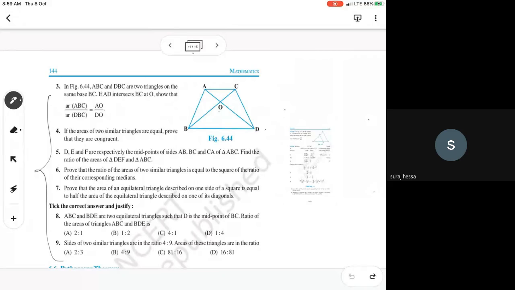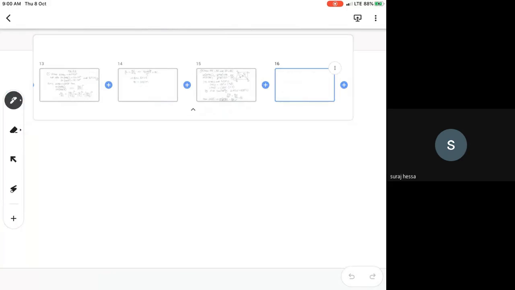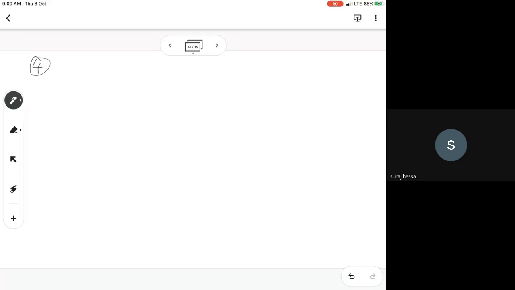So the two triangles are given as similar. What is the question given? Let triangle ABC be similar to triangle DEF. This is given to you and we are required to prove that these two triangles are congruent.